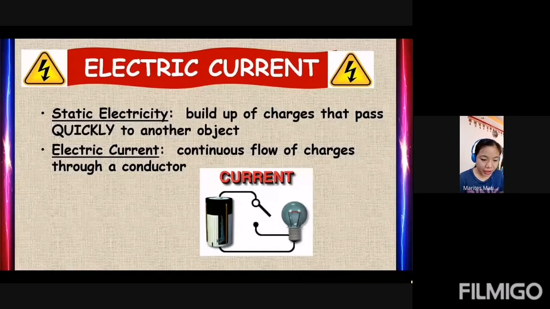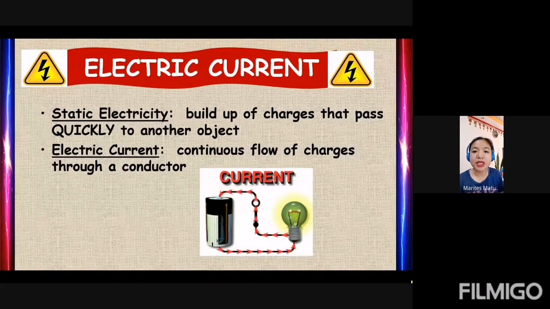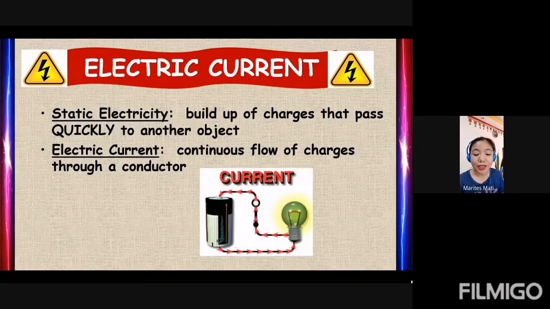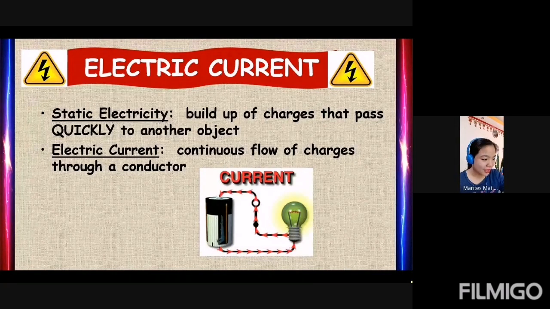Now, aside from electric current, we have the so-called static electricity. That's the build-up of charges that pass quickly to another object. For example, as soon as you plug in and switch on the light, there it is. When the electric fan is plugged in and we forgot to set it to zero, it's on 3, it turns on immediately.